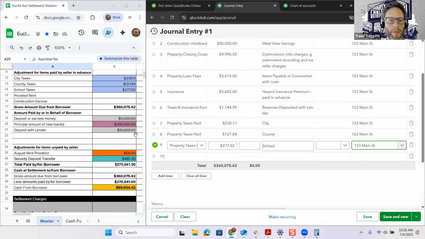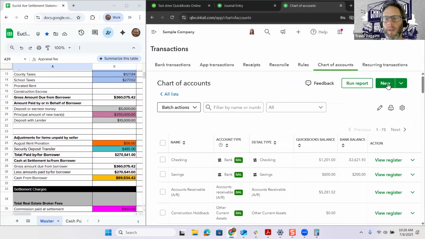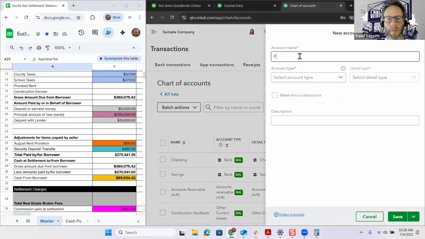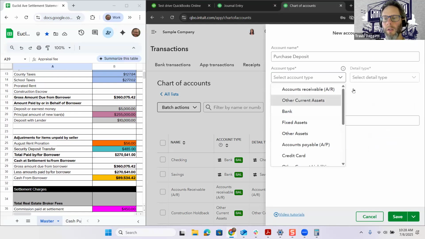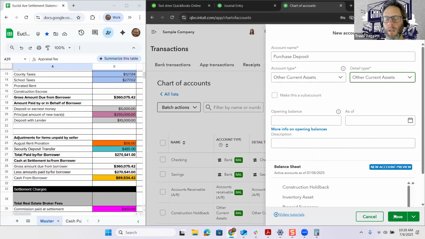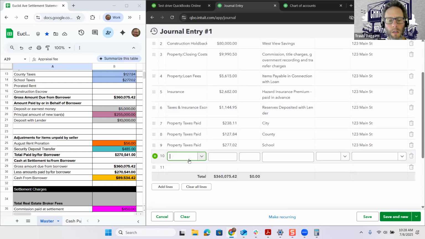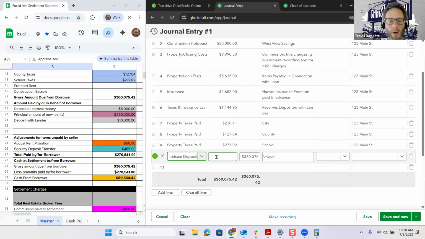Now we have our deposit or earnest money here. Let's go ahead and set that up. This is also going to be another current asset. So of course, this would have been already paid, and then this would be decreasing or clearing the asset.